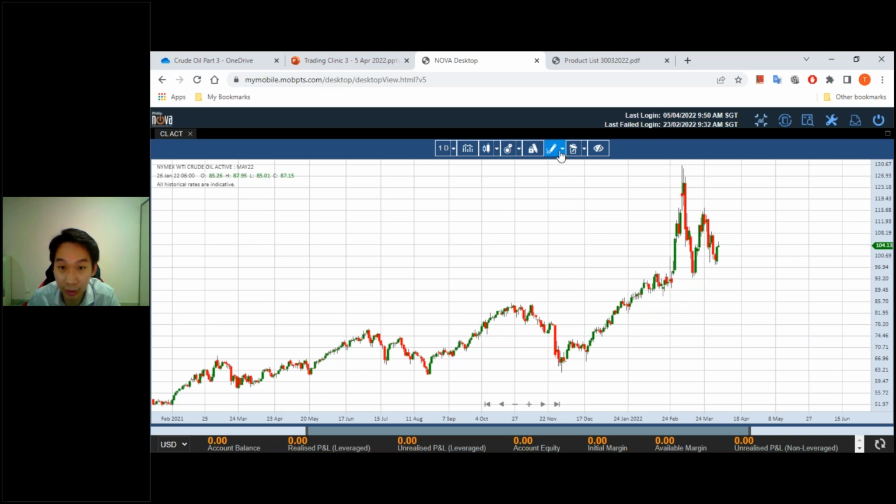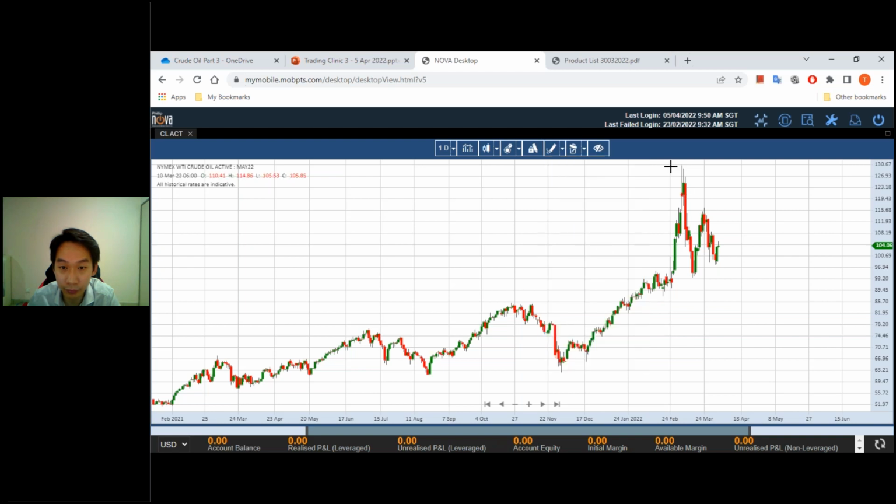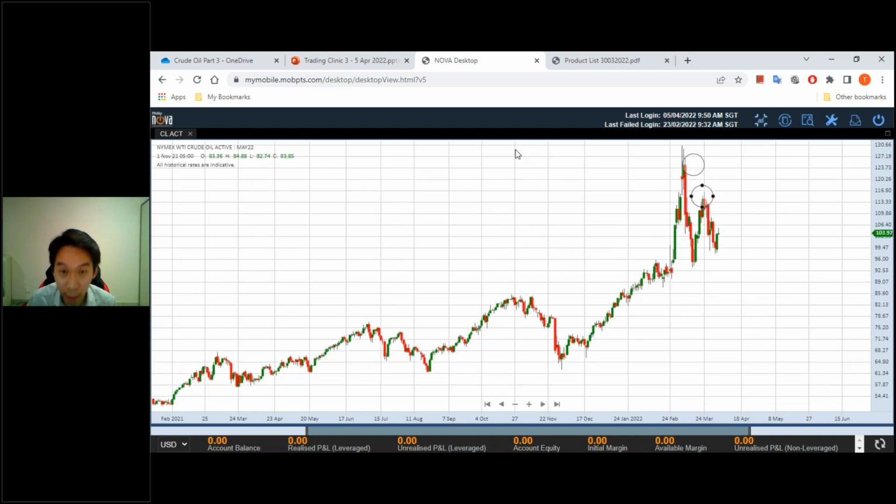We have a lower high here, so it seems like price is going into a downtrend now. But the problem is we have a lower high but no lower low, so we cannot confirm the market is going into a downtrend. We still have higher highs and higher lows, so we need to be sure that the market is still in an uptrend.